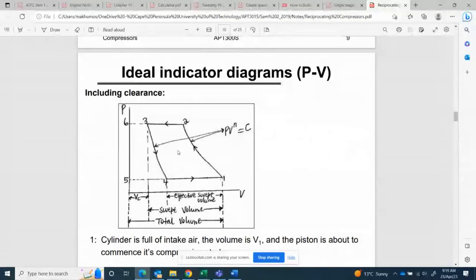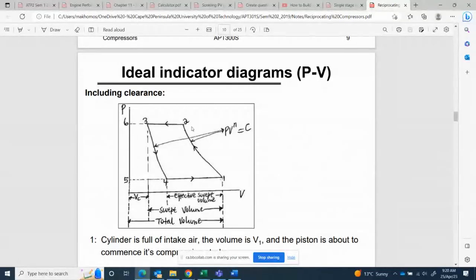To reduce the compressor power, we need to have the smallest area, because the higher the compressor power, the more electrical power we are going to supply. And more electrical power means more money that we are going to pay to operate that particular compressor. So this is where we are at the moment.